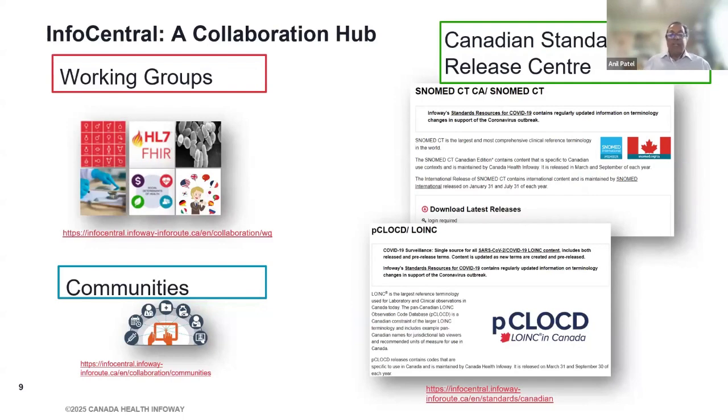And so you can see here, the Canadian Standards Release Centre on the right-hand side, you see SNOMED CT Canadian edition, and you can download them. You can see other additional information if you go there. And there's a link provided at the bottom of the page where you can get to these. There's also PCLOCD, which is our most successful standard, used across Canada. And I'll be diving into that a little bit later on.